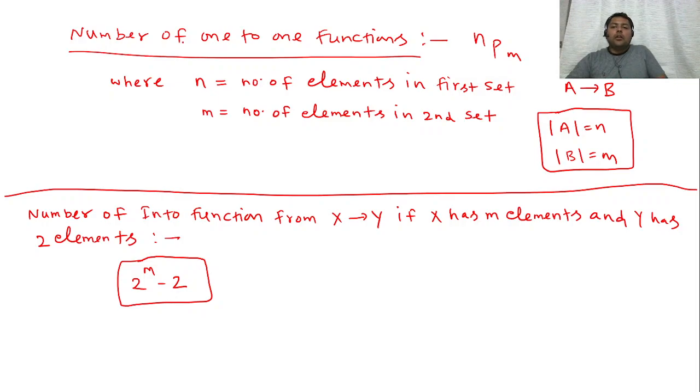Okay. So, number of one-to-one functions. What is a one-to-one function? I have already explained that in the extra class, so you can check over there. The number of one-to-one functions is nPm. This is the formula.